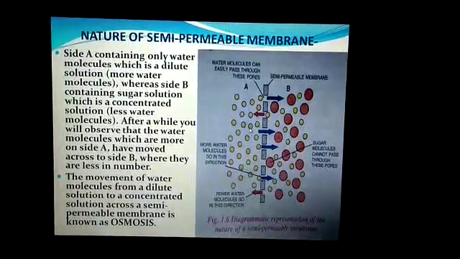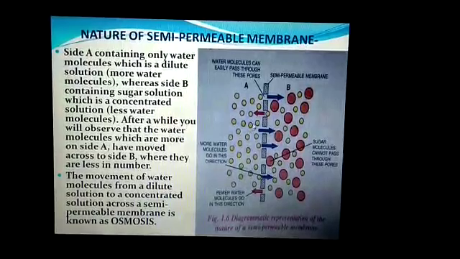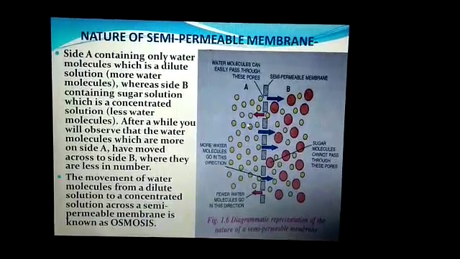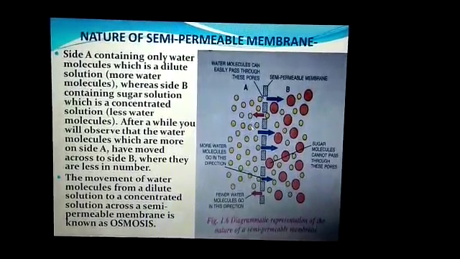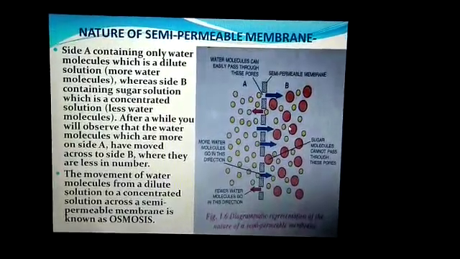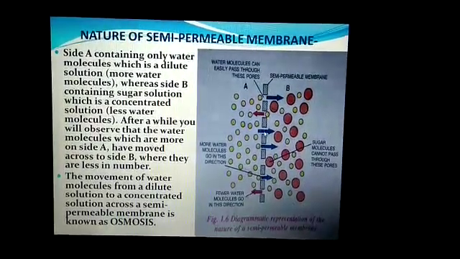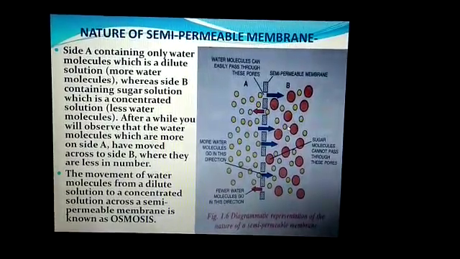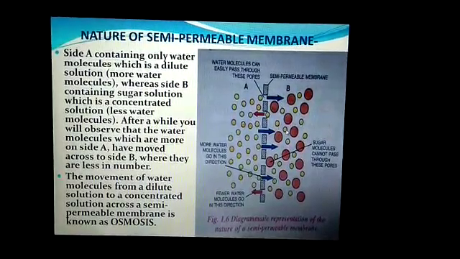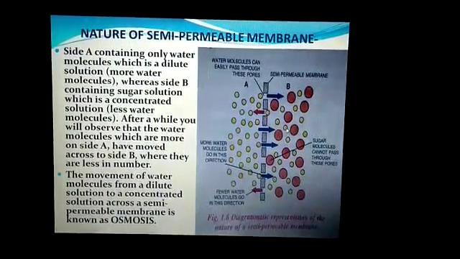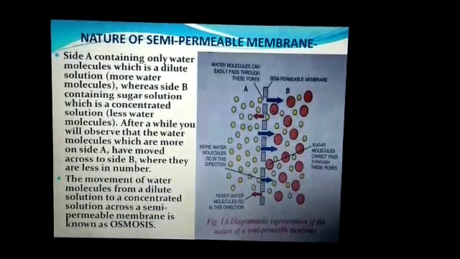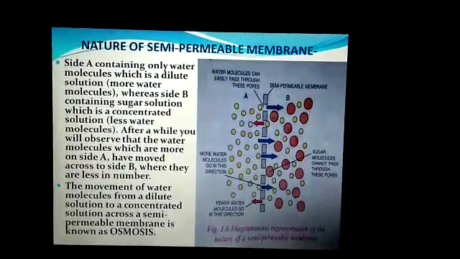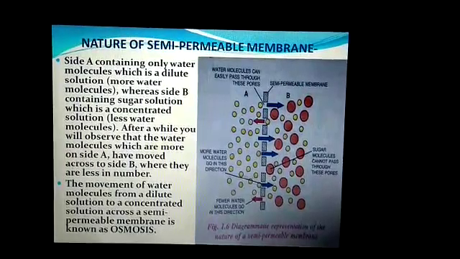As you can see, these small yellow balls are water molecules, and they started to pass across the semi-permeable membrane and moved towards side B. This type of movement of water molecules from a dilute solution to a concentrated solution across a semi-permeable membrane is known as osmosis.